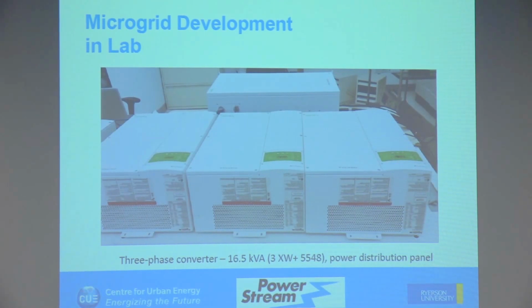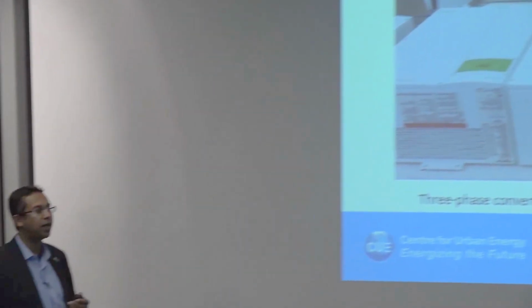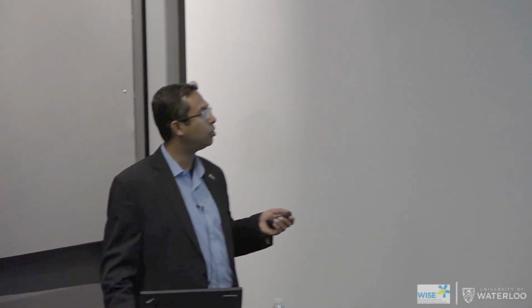It can operate as a master or it can act as a slave. When it is acting as a master, it supplies fixed frequency and voltage. When it is acting as a slave, we set the amount of power output and it supplies that power output. So those are the two modes.